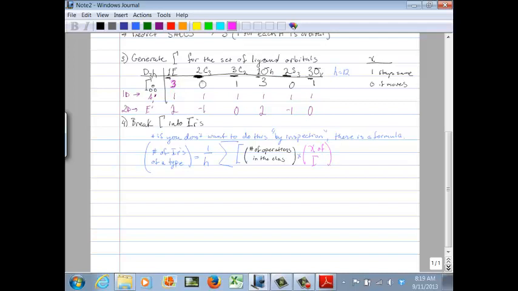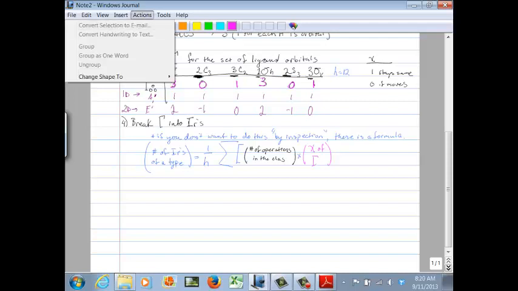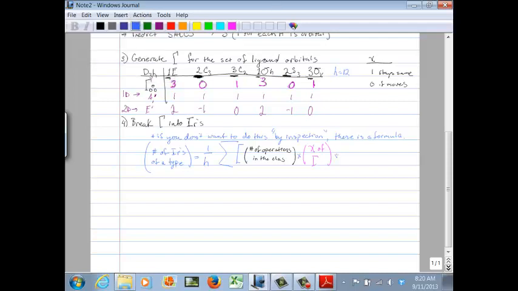So here, 3, 0, 1, 3, 0, 1. So those numbers up there. And then you multiply that by the character of the irreducible representation. And the irreducible representations are here, we just wrote them.